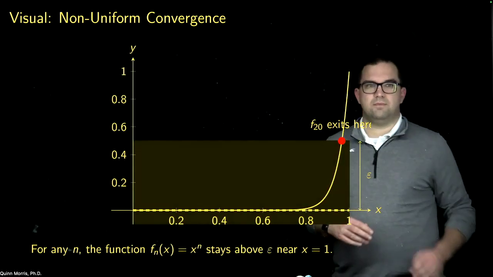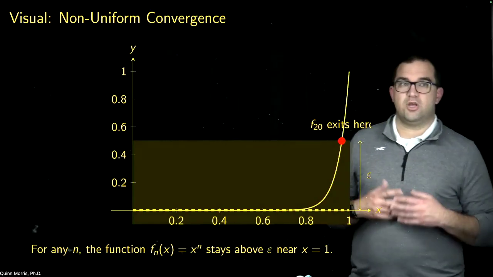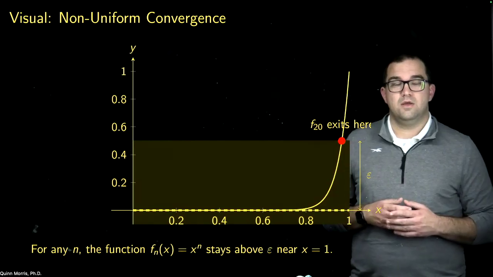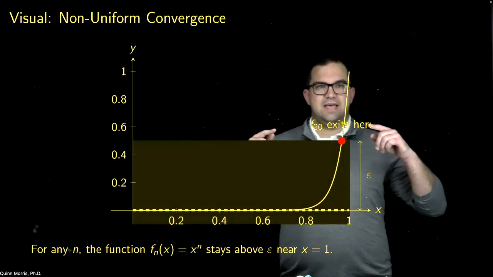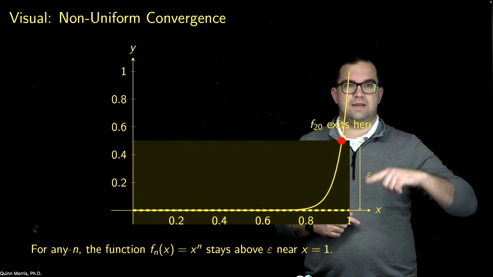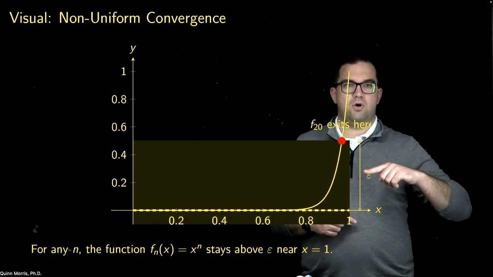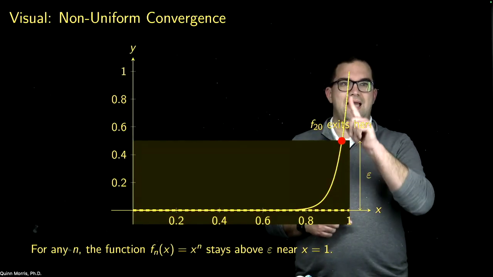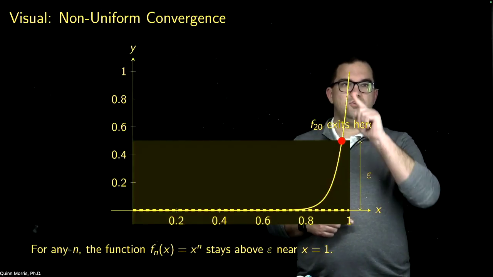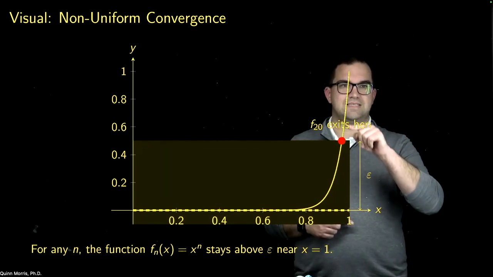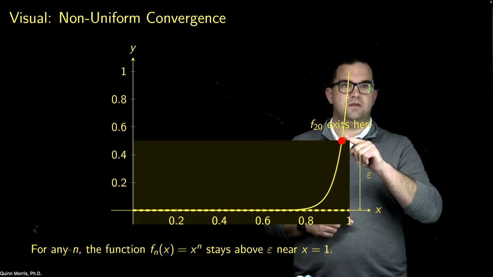So to give you some sort of visual sense of what's going on, if we go back to that sequence of functions x to the n on [0, 1], the problem there is that if you fix your epsilon, no matter how small your epsilon is, there's always going to be some x values that you're not far enough, like your sequence of functions hasn't gotten down below there yet, right?